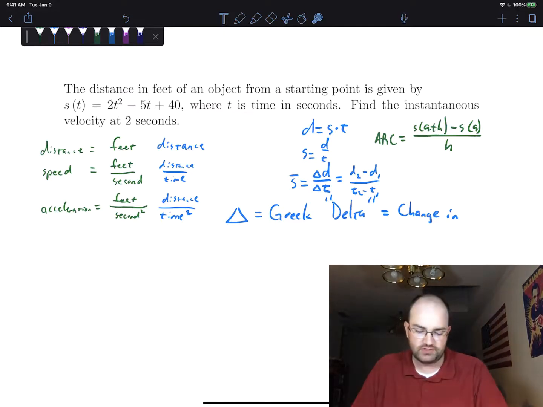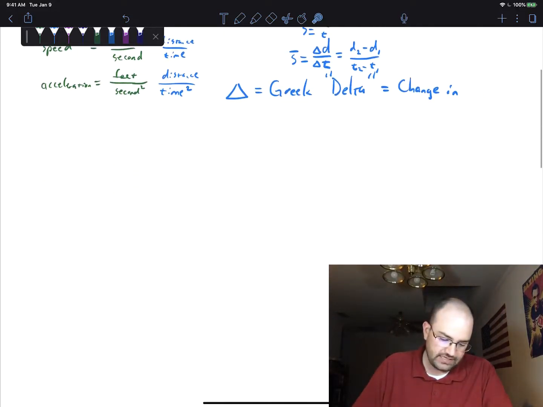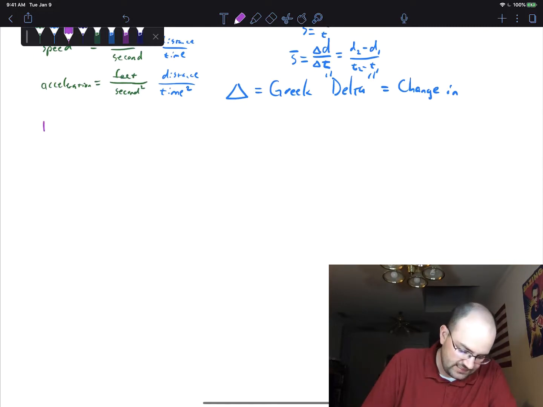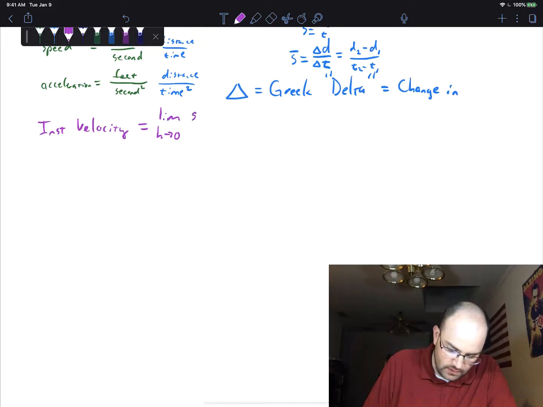And that's pretty much it. Now, what that tells me is that the instantaneous velocity here would be the limit as h goes to 0 of s of, in this case, 2 plus h minus s of 2 and then all over h.